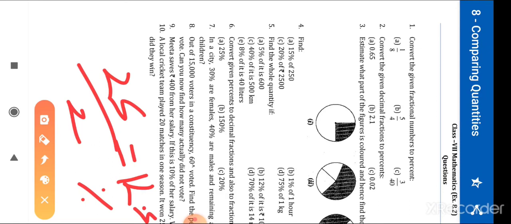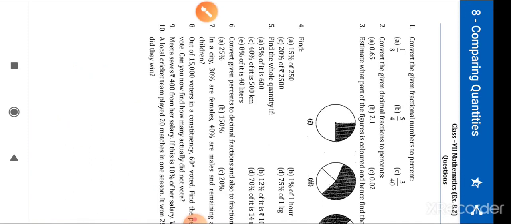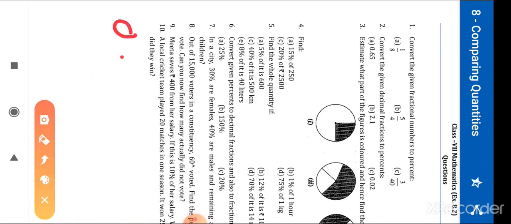The second question is to convert the given decimal fractions to percentages. And the first part is 0.65. First, we have to convert this decimal number into a fraction number.